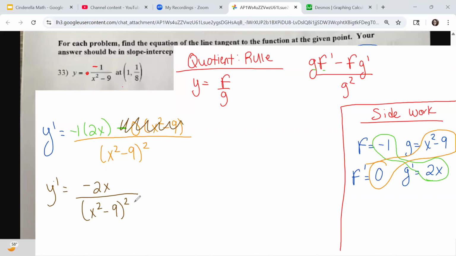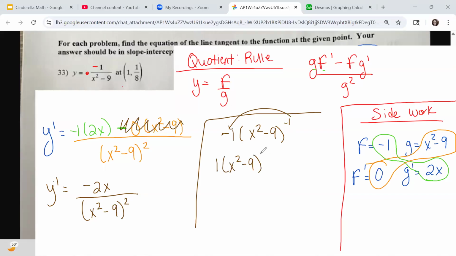We just had regular 2x when we did it. Hold on. Let me do it the other way real fast. When I brought this up a second ago, it looked like this. And then we took the derivative, which was 1, kept that there, subtracted 1 times 2x. Huh.